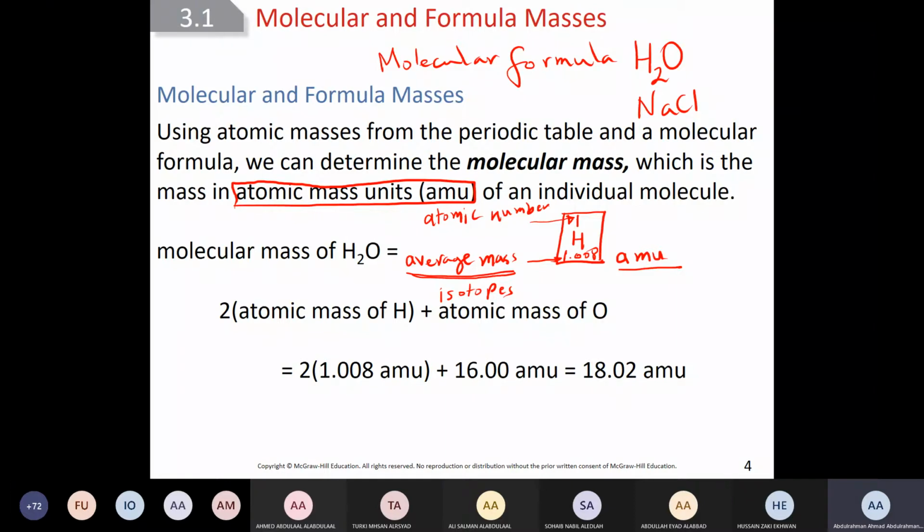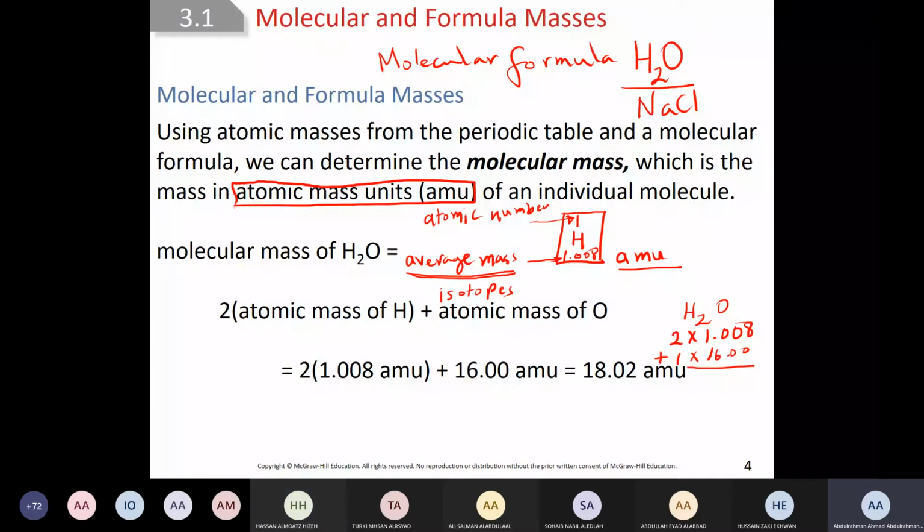Now, if I want to know the mass of H2O, look at your periodic table and tell me. It's 2 times 1.008 plus 1 times 16.00 from the periodic table.